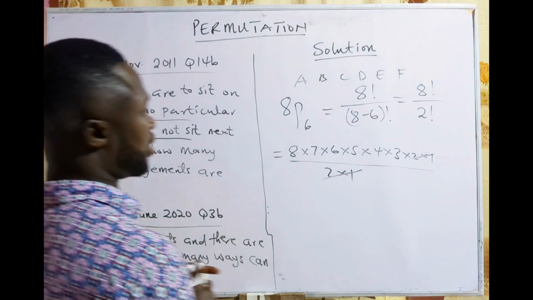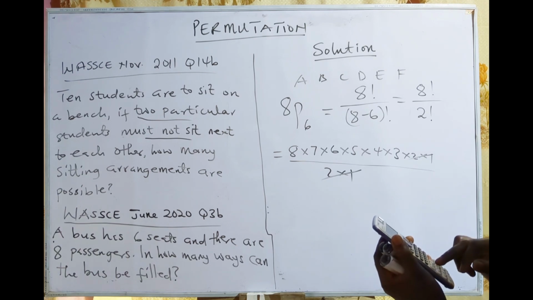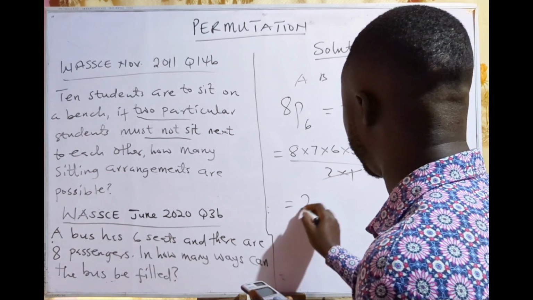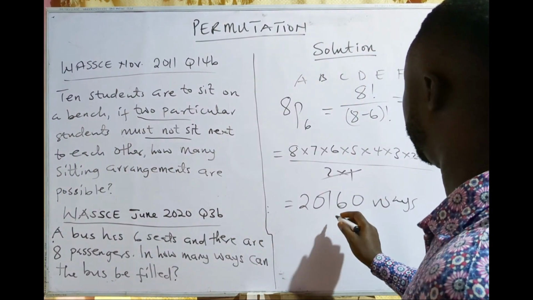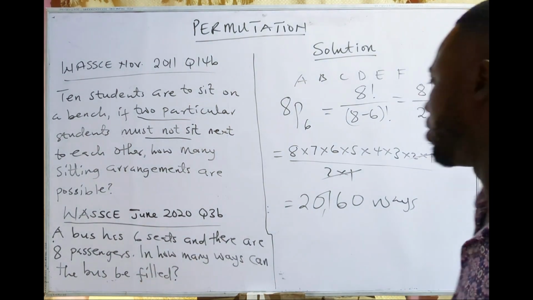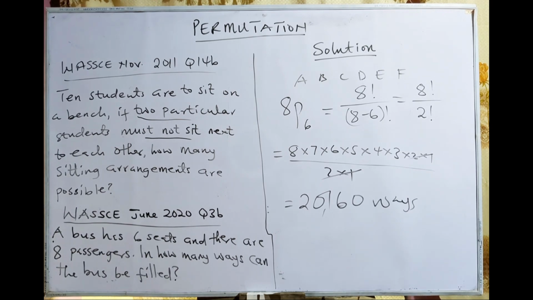Then 8 times 7 times 6 times 5 times 4 times 3 will give us 20,160 ways that the 8 passengers can sit on the 6 seats at a time. All right, I believe we get this.